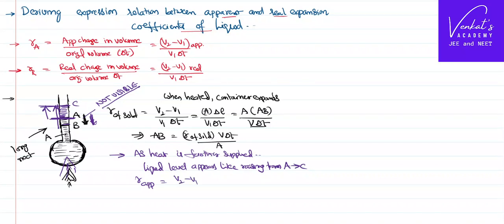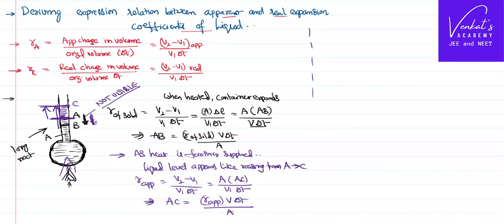That is apparent change in the volume by original volume into delta T. That is area of that neck, and change in the length from A to C, by V1 into delta T. That implies AC can be written as gamma apparent into V into delta T by area of cross section. That is AC, the measure of apparent expansion.